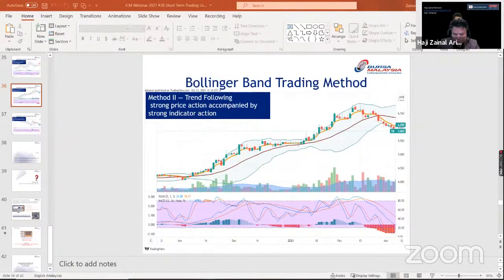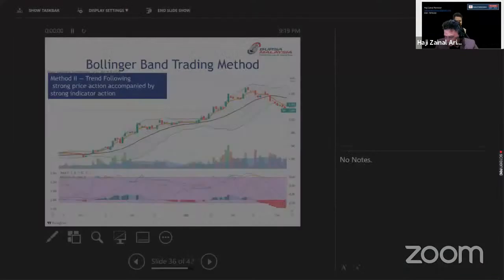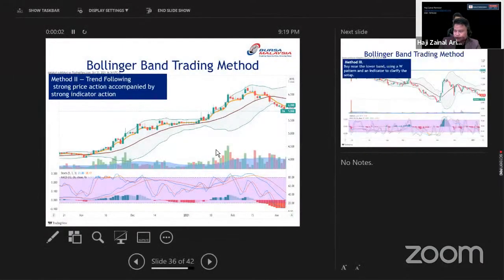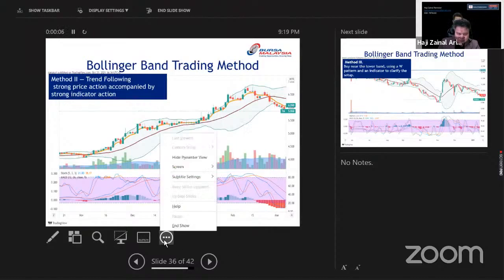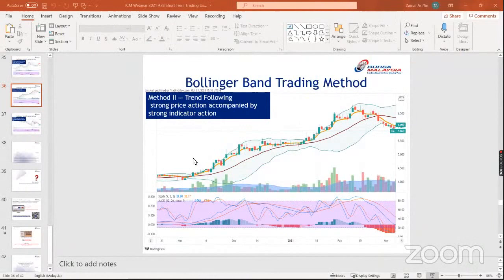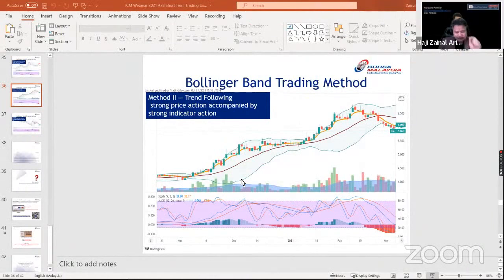This is method 2. Just now somebody was asking about this green line.